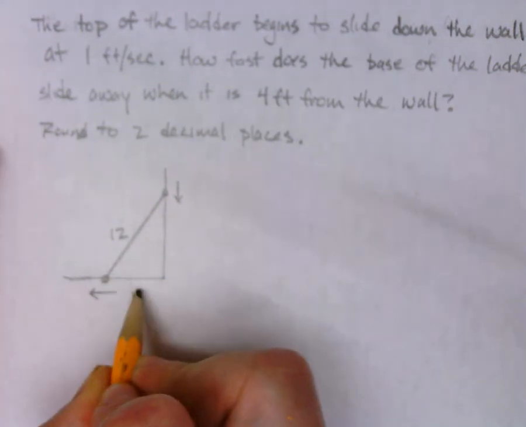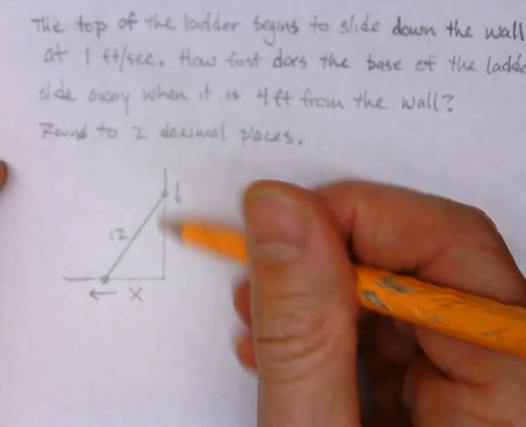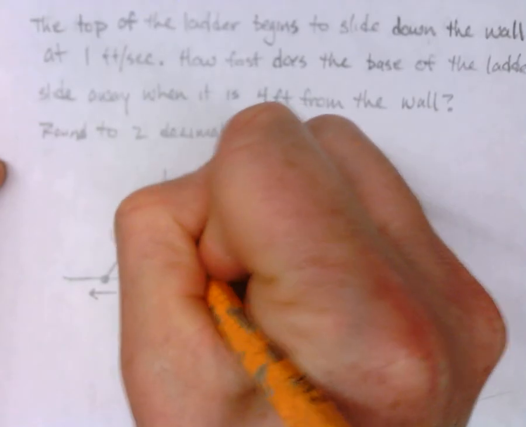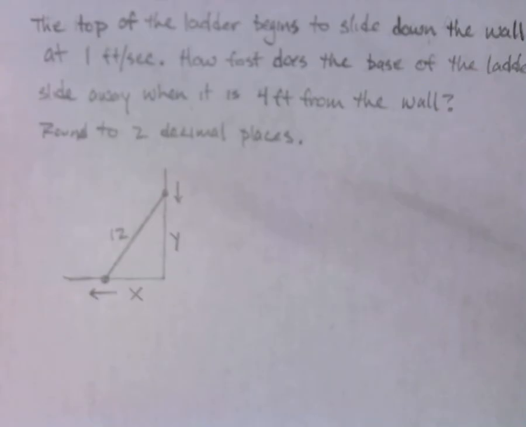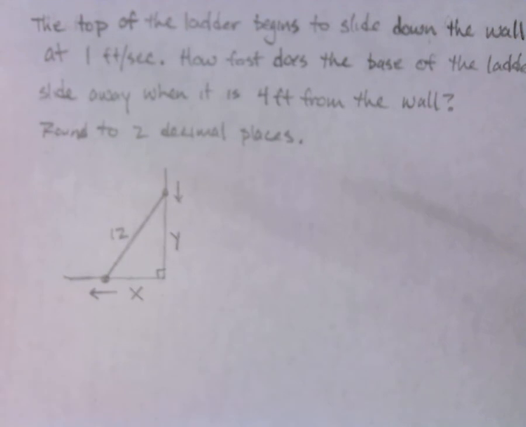So I'm going to call that length right there x. And in a similar way, I'm going to call that length right here y. I give them variables because they're in motion. They are changing. And maybe it goes without saying, that's a right angle in the corner.